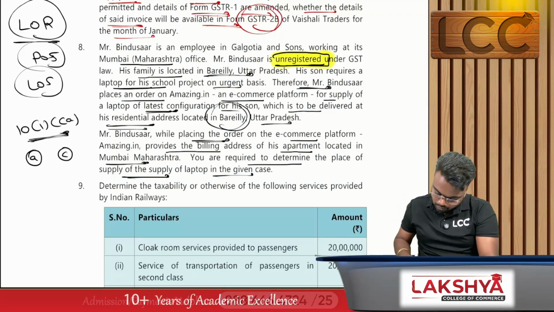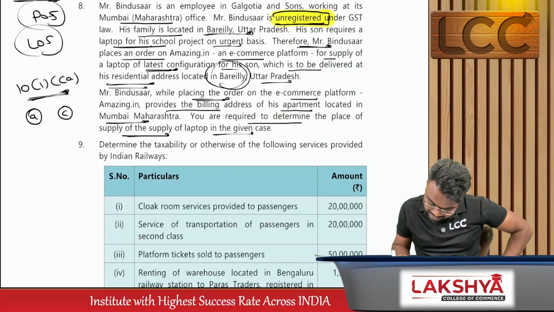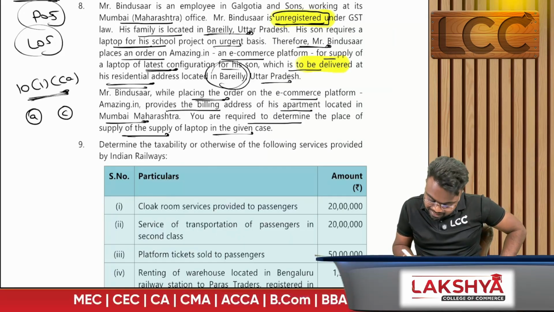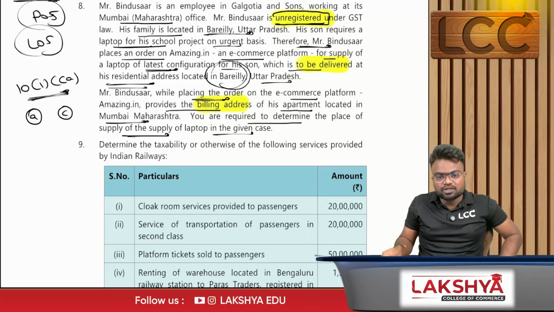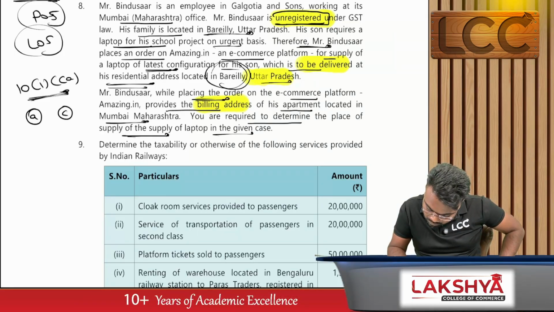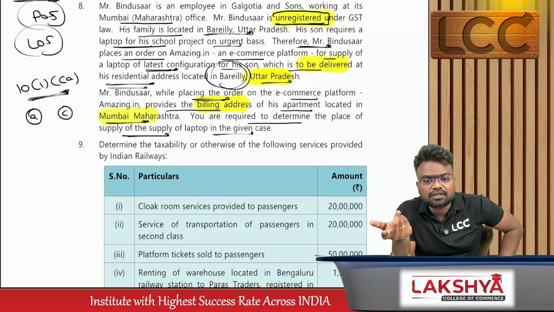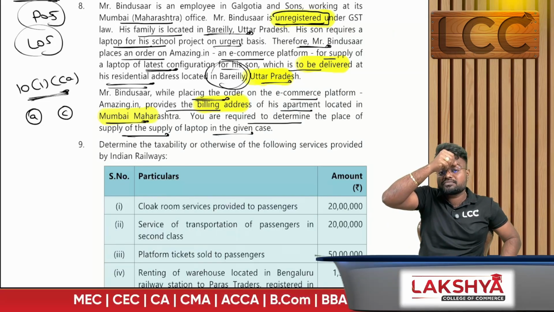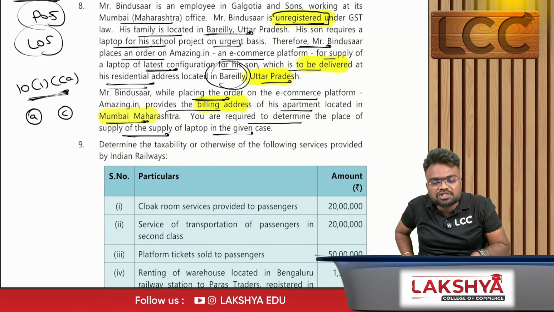Now next point. There are two addresses given here. One is the address for delivery, the other is the billing address. The address for delivery is Uttar Pradesh, and the billing address is Mumbai, Maharashtra. Now tell me what we need to take. Shall we take Uttar Pradesh or Maharashtra? Logically speaking, where is the place of consumption?